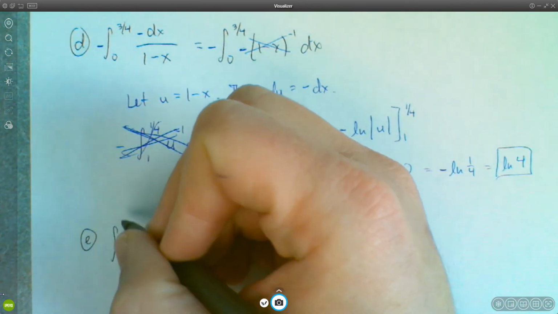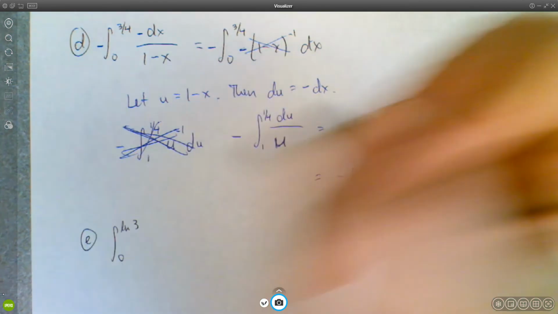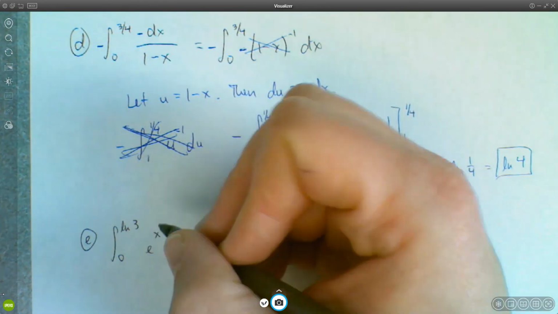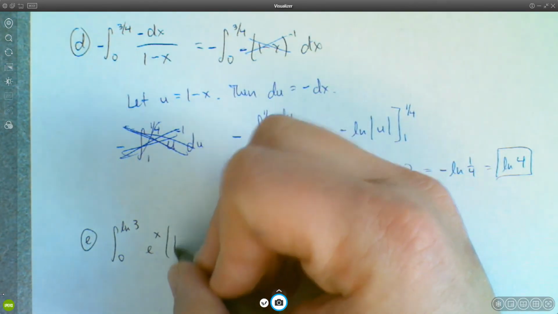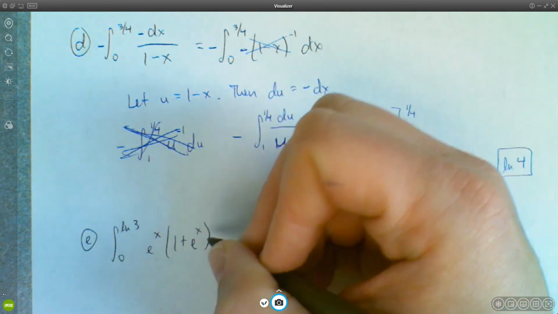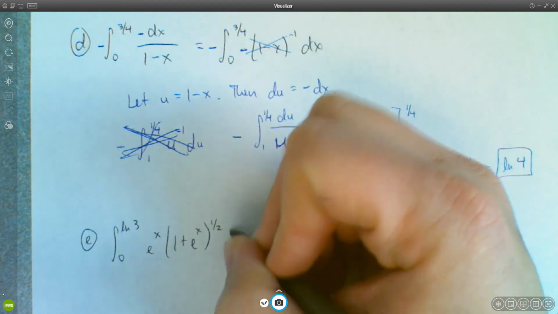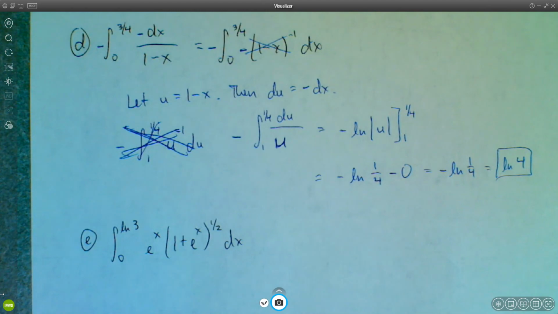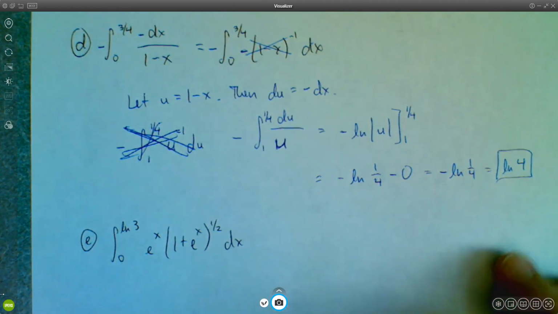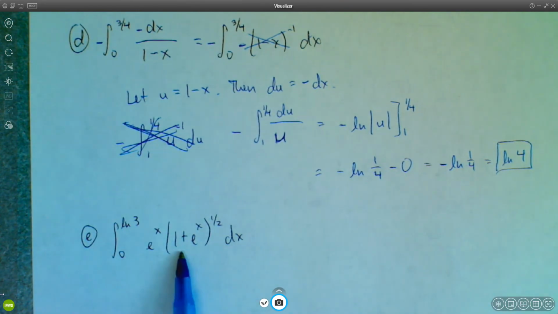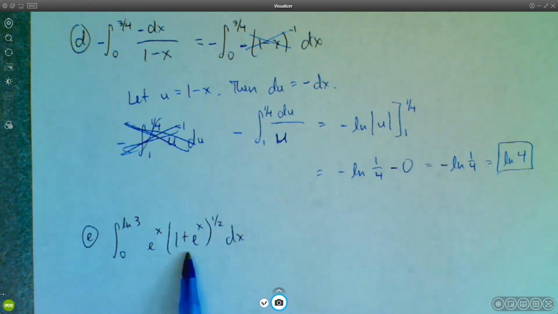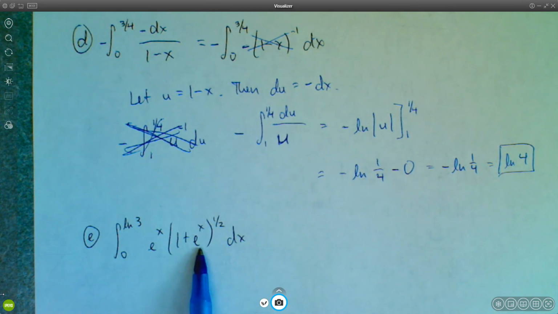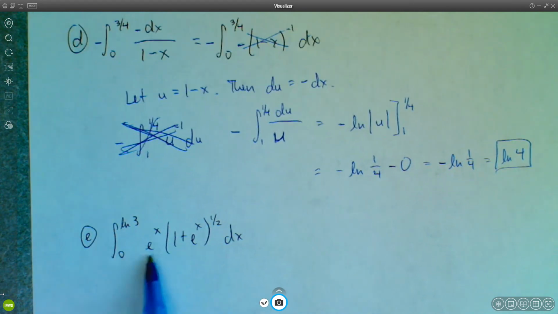Let's integrate from 0 to ln of 3 of e to the x times 1 plus e to the x to the 1/2 power. Alright, so the thing I want to get rid of is the 1 plus e to the x. So if I make that u, then notice that the derivative of this thing is sitting right there, right?